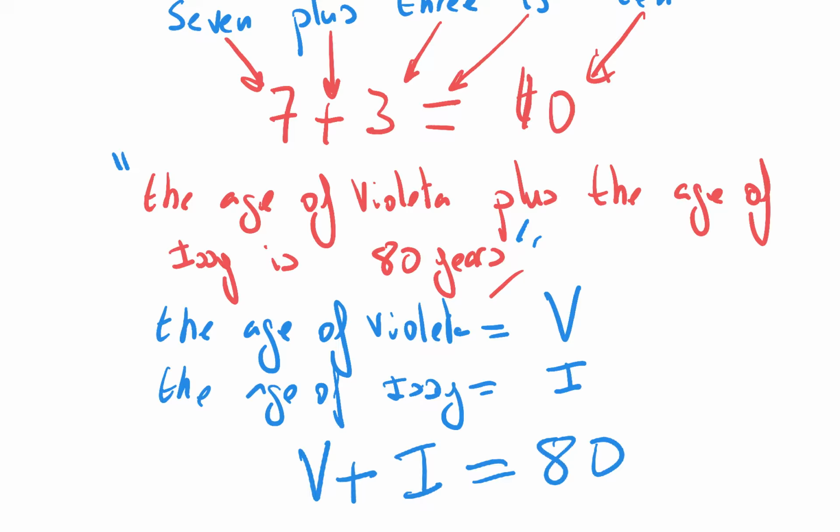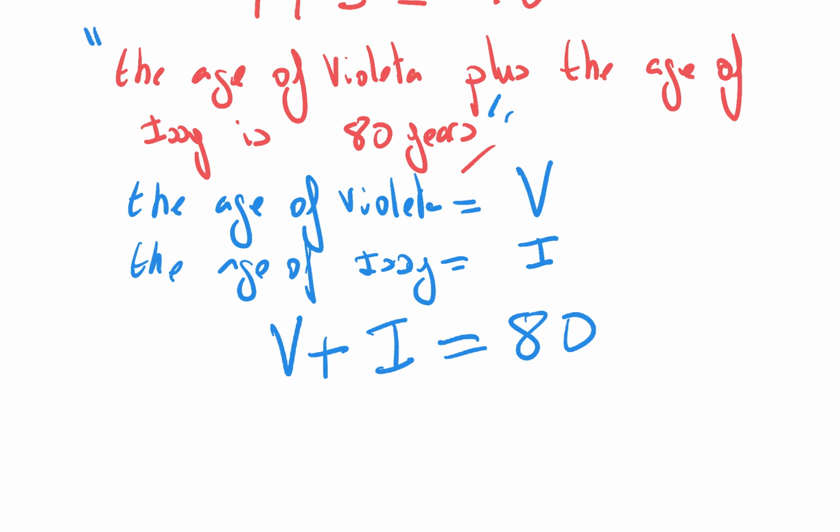What does this equation mean? It will not say what the age of Violeta and the age of Izzy are. It will say that the sum of the age of Violeta and the age of Izzy is 80. You may think that Izzy is 40 and Violeta is 40.